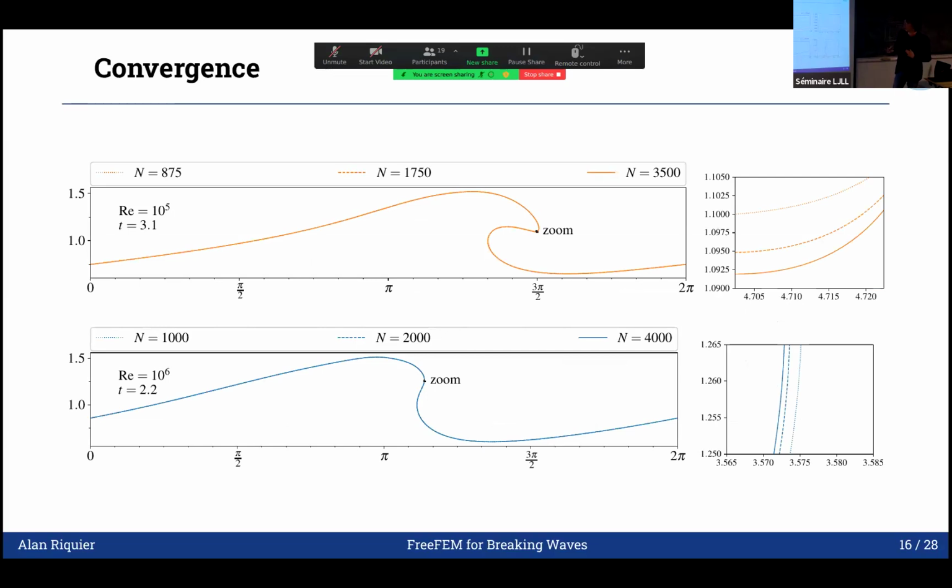About the convergence, the scheme converges very quickly. I decrease the number of points by 2 each time, and you see that there is not much of a difference.